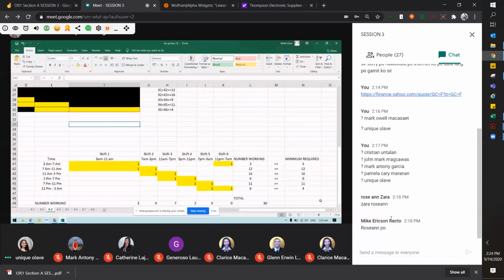So, kung mapapansin nyo yung table natin, saan ba yung karamihan ng customers natin? Kasi di ba pagtaas ng kailangang tao, malamang pagtaas ng customers. Kasi marami yung lilinisin. So, kung mapapansin nyo, 12 and 16, so that is from 7 hanggang 3. Tapos yung dinner, 7 to 11. So, realistic yung data.